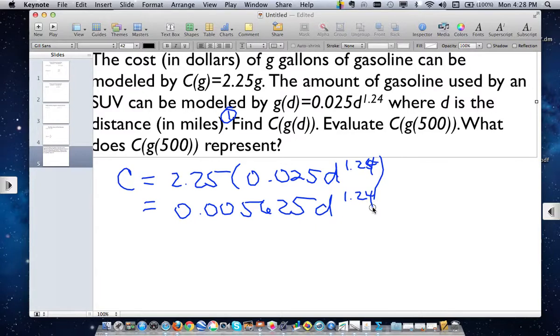Verify that that's the correct value. 2.25 times 0.025. Oops, I have an extra 0. Ignore that 0. All right, then to figure out part 2, the evaluation, we're going to plug in 500.